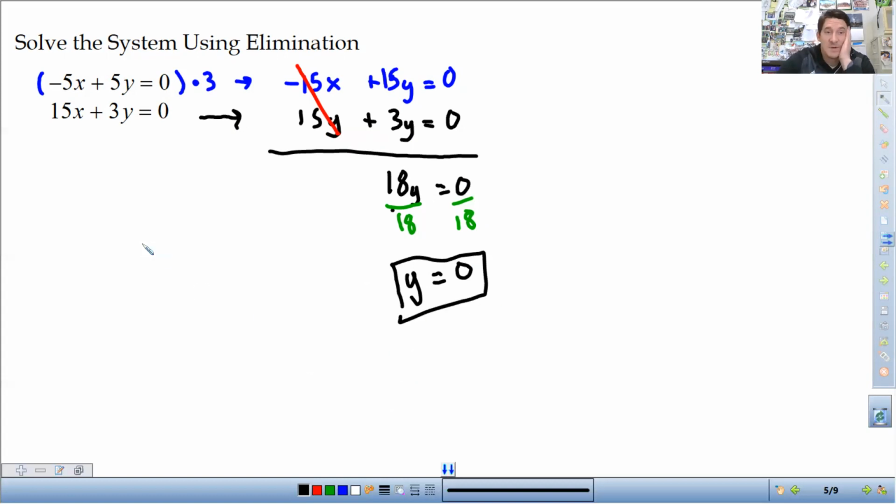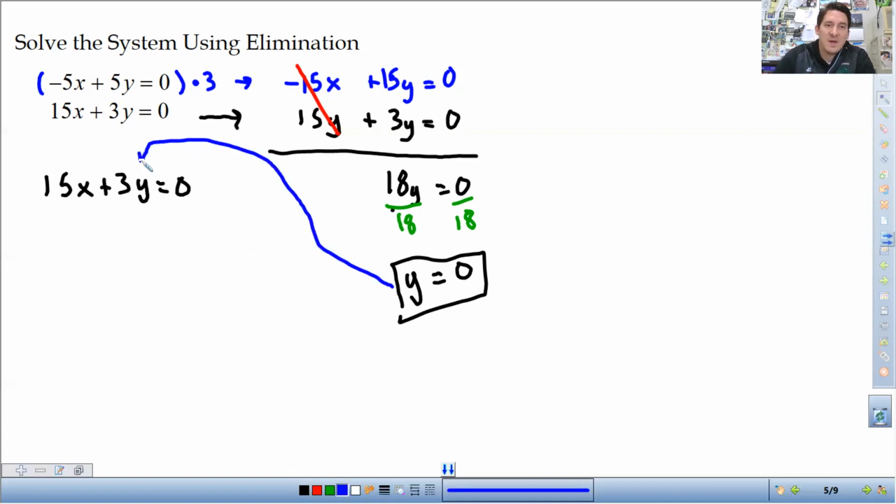Now I need to substitute this back in. If you're looking at it, you could probably do the rest of this one in your head, but that's okay. So you get 15x plus 3y. I'm going to use the bottom equation because there's fewer negatives. So I'm going to put the 0 in for y.